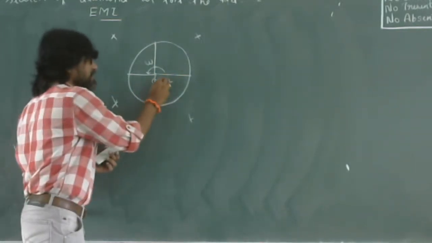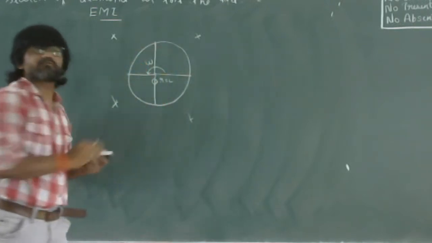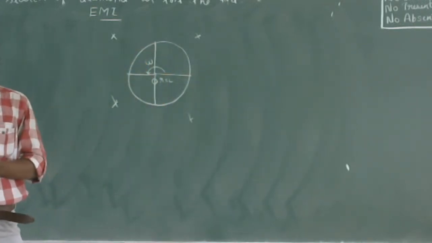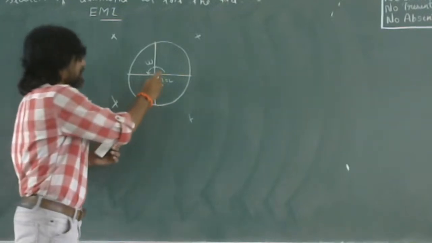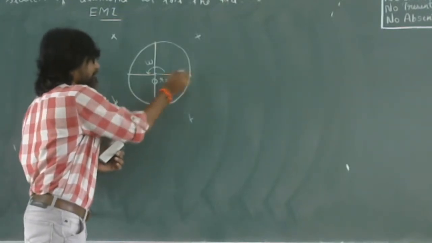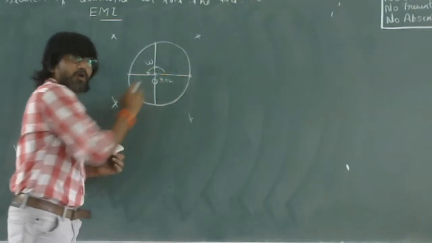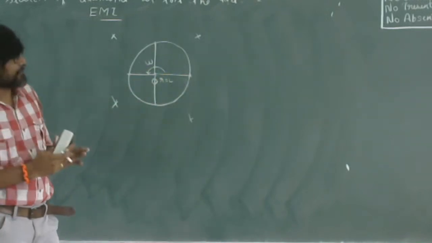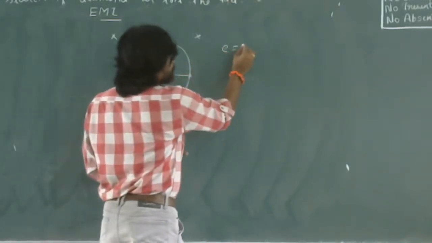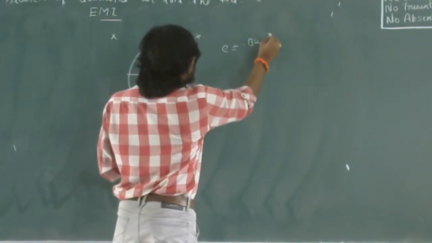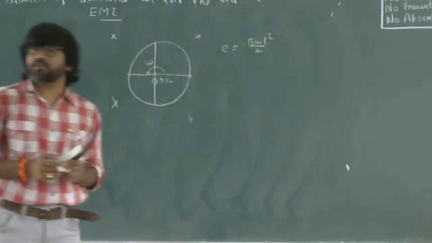Here, the radius is nothing but the length of each spoke. Now we can say that in each spoke, an EMF of E = B omega L squared by 2 is induced.